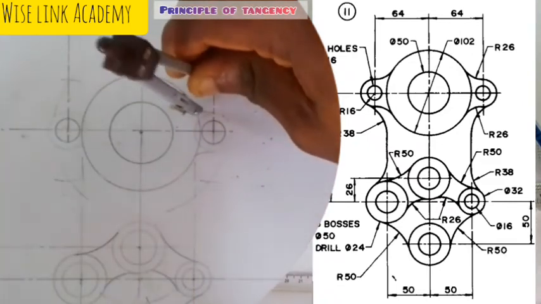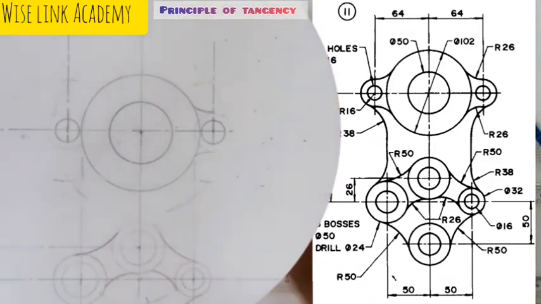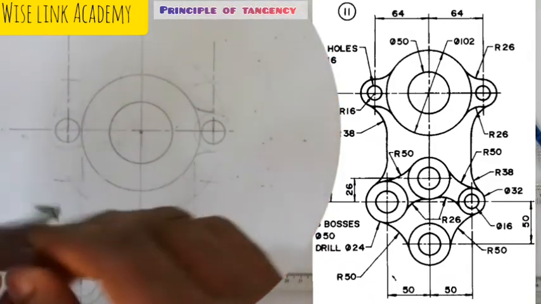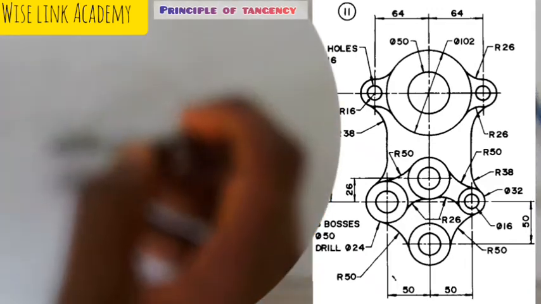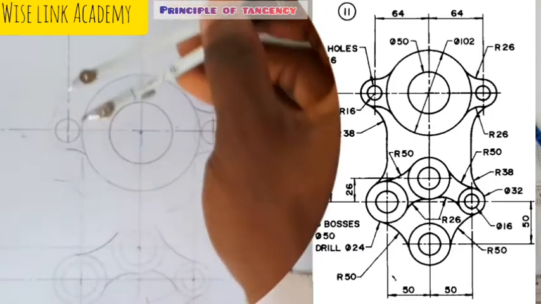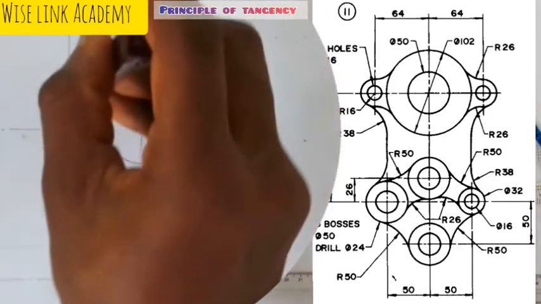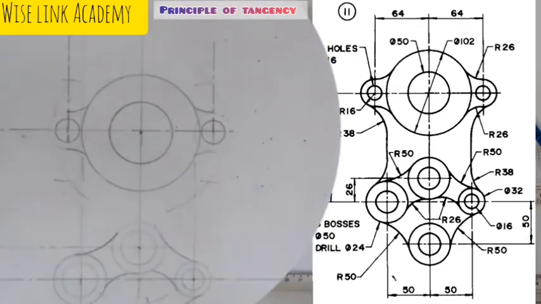So I have this, right? I will have this. Next up, come to this point too. At this point, to touch the two circles this way. Come to the other point here. At this point here, to touch the two circles this way. So we have drawn those arcs.